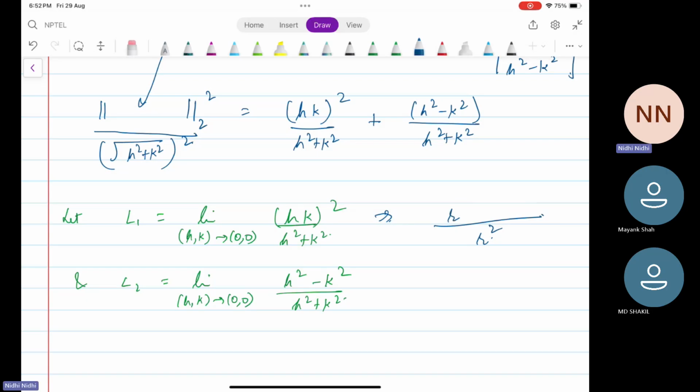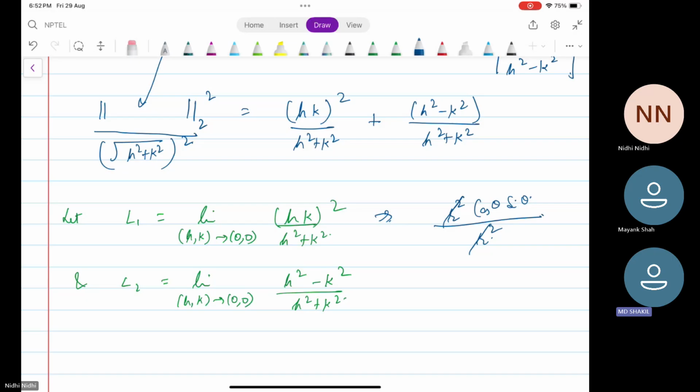So we are taking h equal to r cos theta and k equal to r sin theta. From here, can you say anything? Because we don't know about theta.